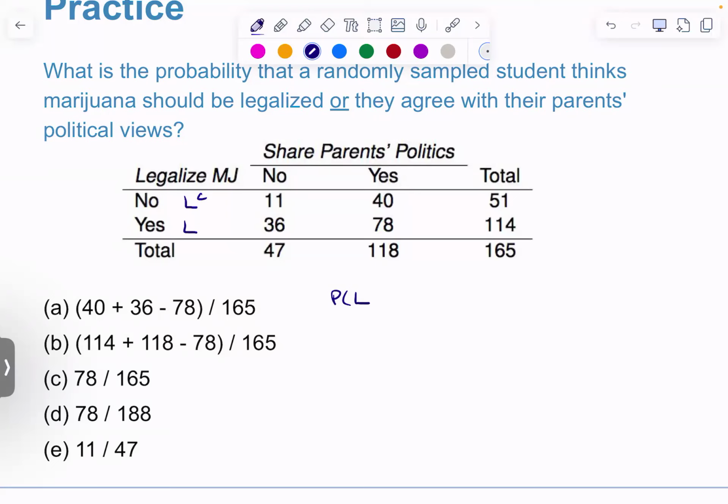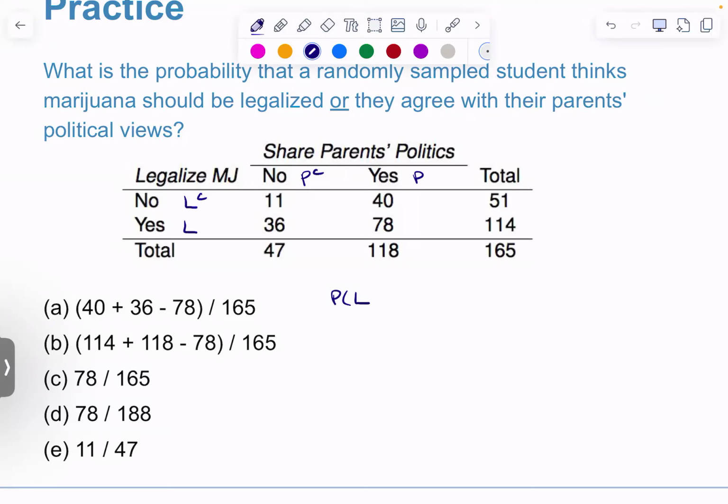It's going to simplify our notation a little bit, which is pretty common that we do. We picked the one thing that we want to talk about, in this case, legalize yes, and whether they share their parents' politics. How about we call this politics P for yes, and how about we call this the complement of parents' politics for no?